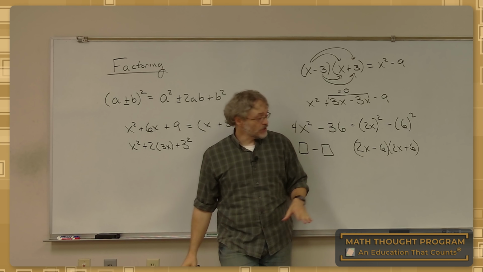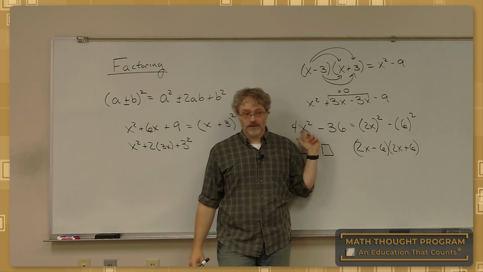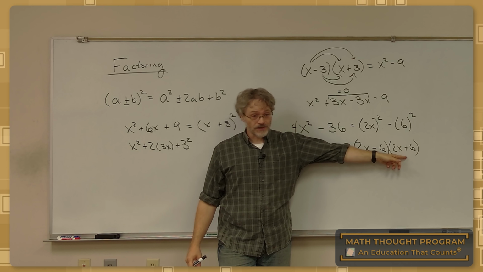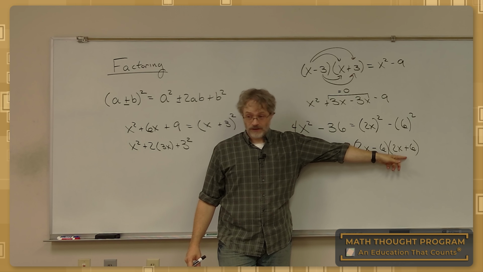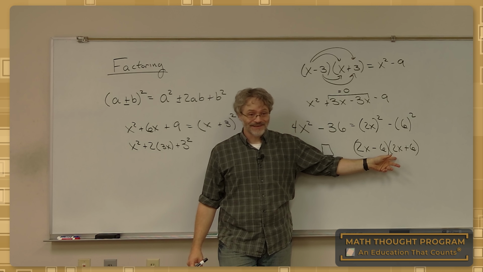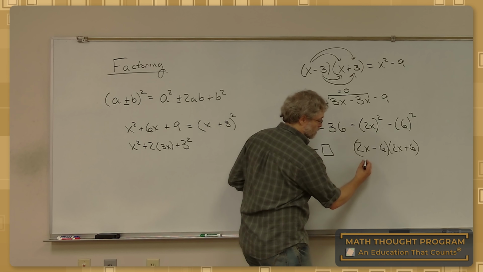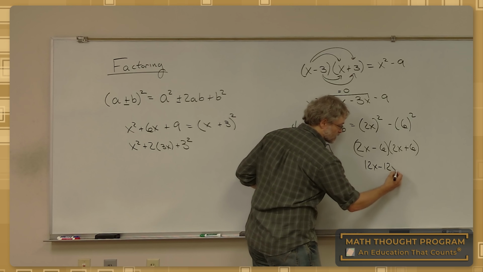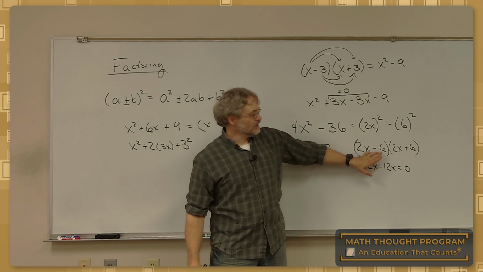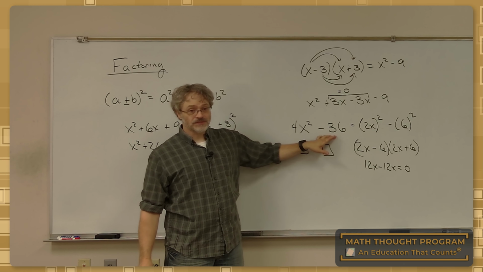Now, you can always go back and check by distributing. 2x times 2x gets you 4x squared. 2x times 6 gets you 12x. Minus 6 times 2x gets you negative 12x. But 12x minus 12x zeroes out. And what you're left with is negative 6 times 6, which gets you negative 36.